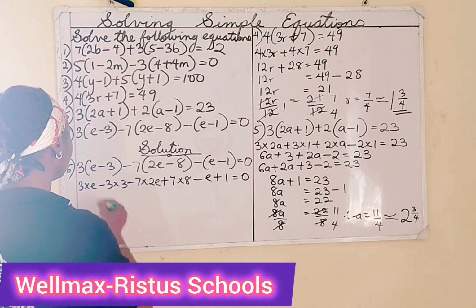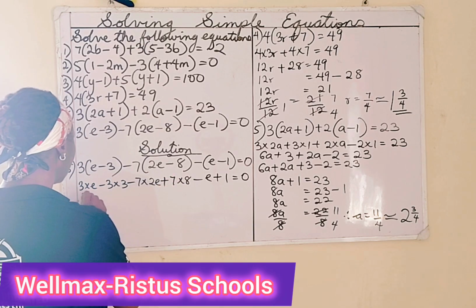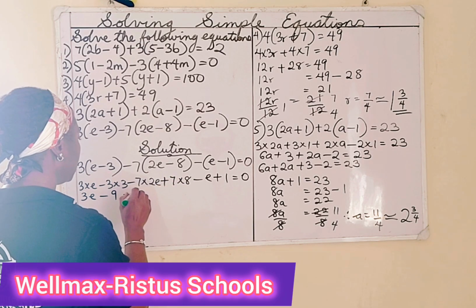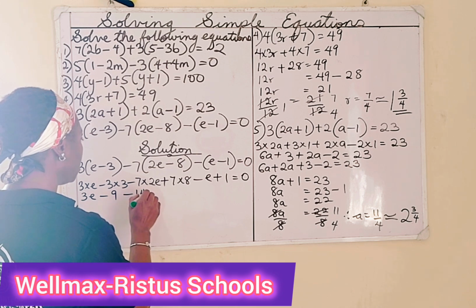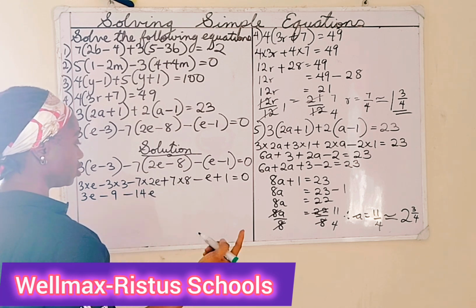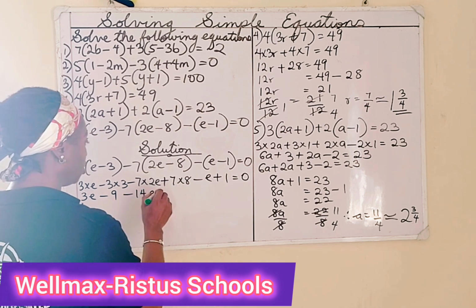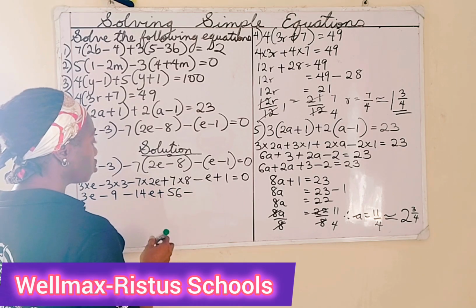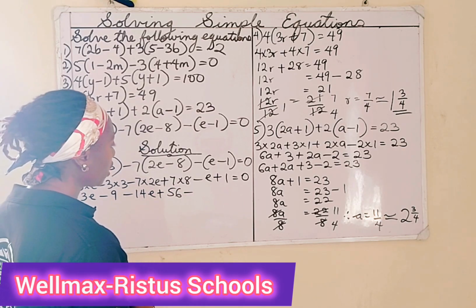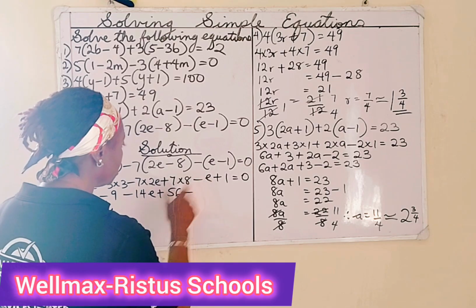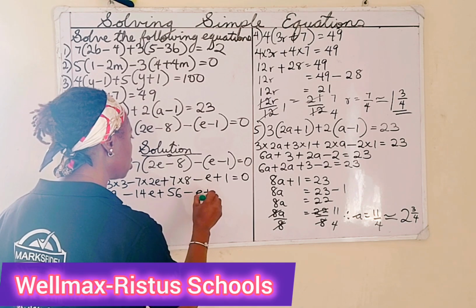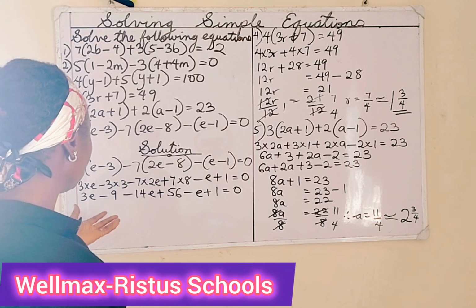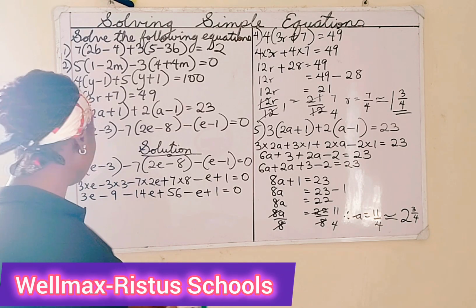So you can see how we've expanded the brackets. We've opened it. So now let's multiply the numbers and the letters. 3e minus 9 minus 14e, because 7 times 2e equals 14e, right? Then plus 7 times 8, 56, minus e minus e plus 1 equals 0. Alright? So we'll collect like terms from here.